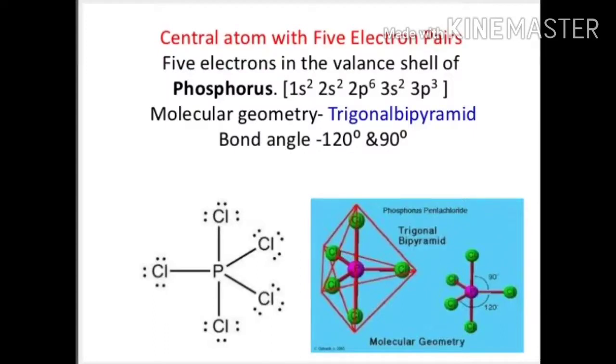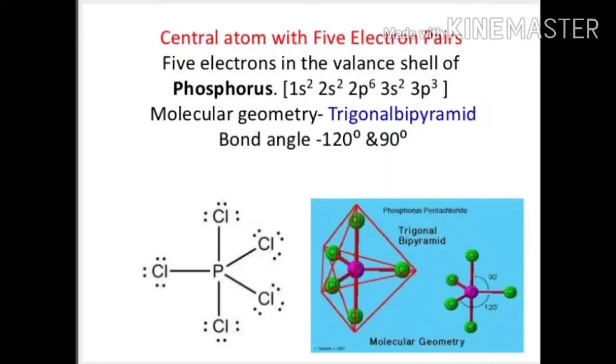Here, 5 electrons are present in the valence shell of phosphorus, and all 5 electrons are involved in the formation of bonds with 5 chlorine atoms, and the shape of the molecule is trigonal bipyramidal.